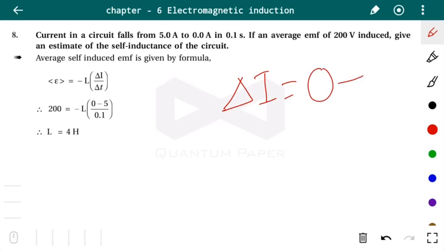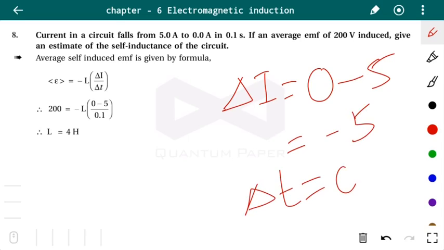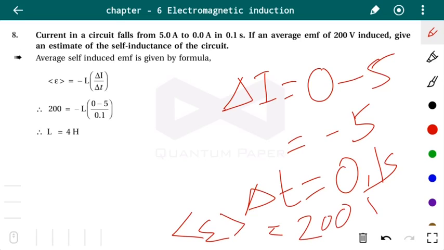That is final current minus the initial current, which equals minus 5, and the change in the current is in time interval 0.1 second. If an average EMF of 200 volt is induced, that is average EMF E equals 200 volt, give an estimate of the self-inductance of the circuit.